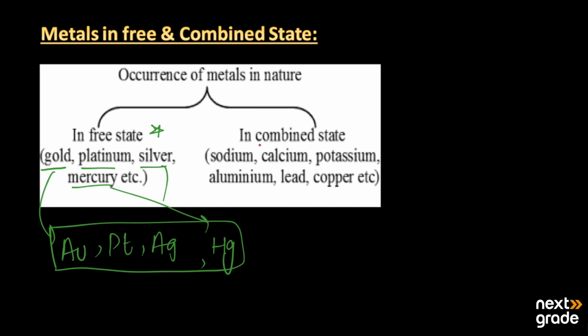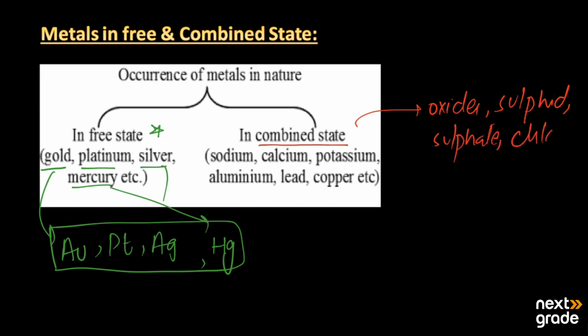On the other hand, we have the metals that are present in the combined state. We may have their oxides, sulfides, sulfates, chlorides, nitrates, and so on. These metals include sodium, calcium, potassium, aluminium, lead, copper, and iron, and so on. Examples of combined metals: lead is present as PbS, lead sulfide.